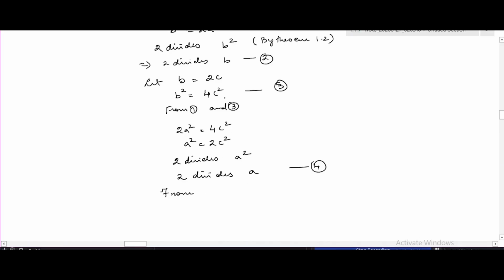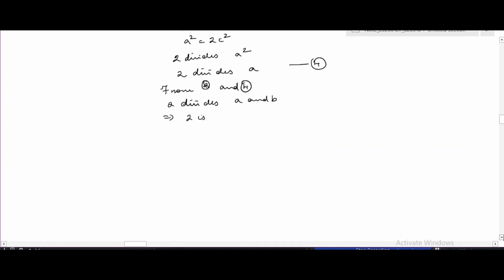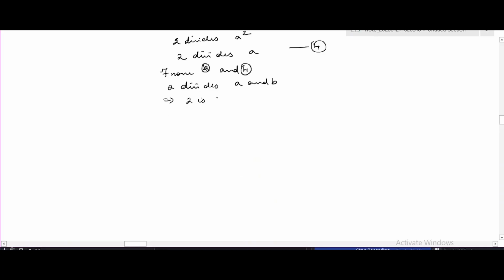So from 2 and 4, we can say that 2 divides a and b, which implies 2 is a common factor of a and b.